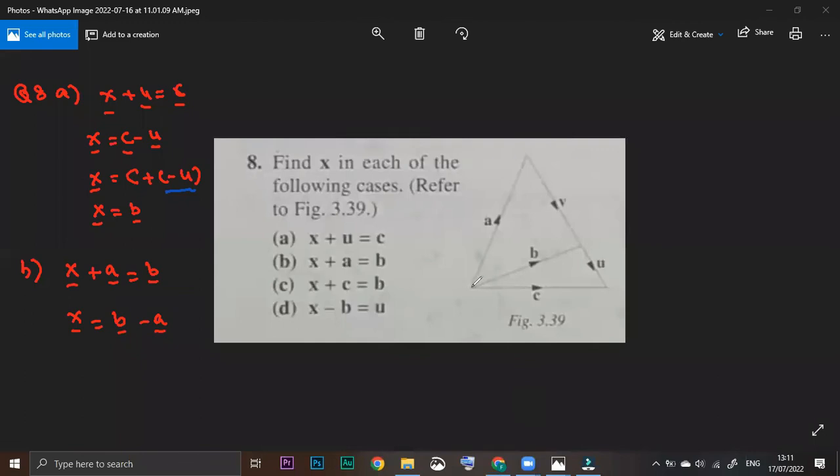This one is the first vector B. We want to put the tail of minus A at the head of B, or we want to put the tail of B at the head of minus A.